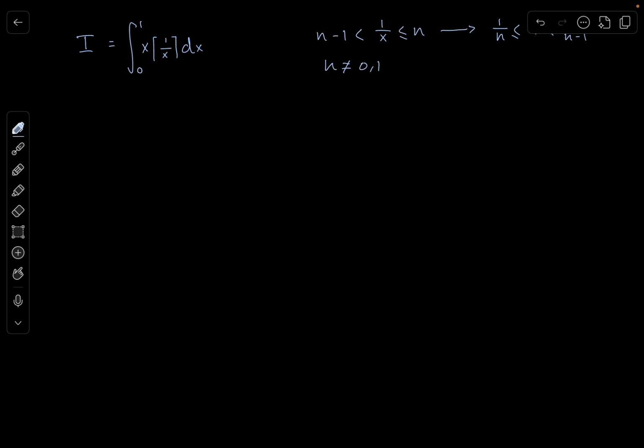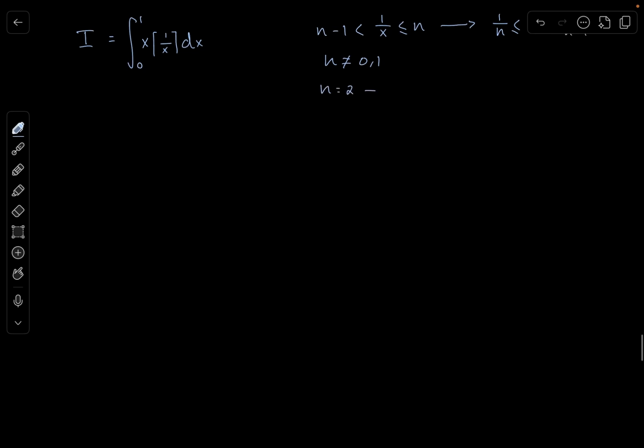Next, if n equals 2, then we get 1 is less than 1 over x, which is less than or equal to 2, which means that 1 over x is equal to 2 because of the ceiling function.